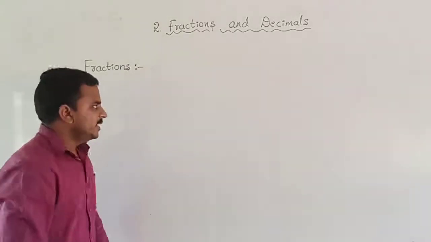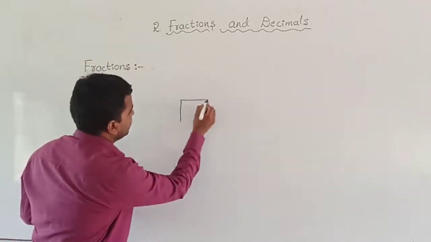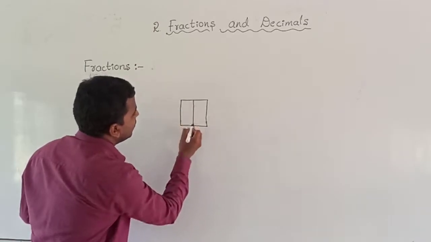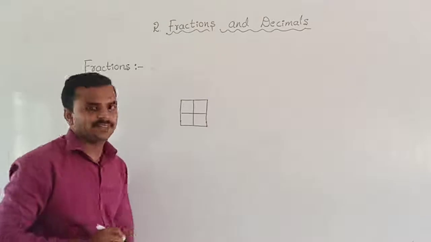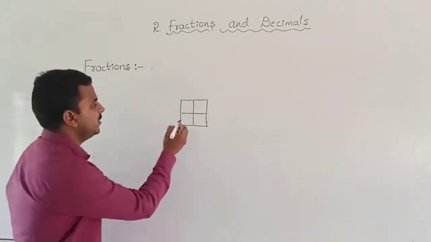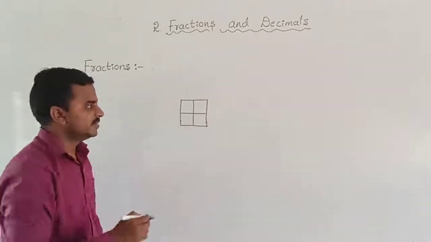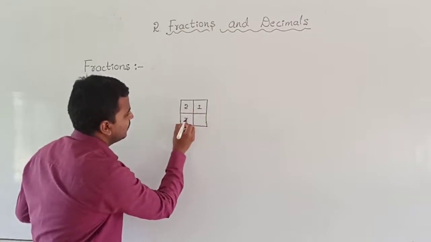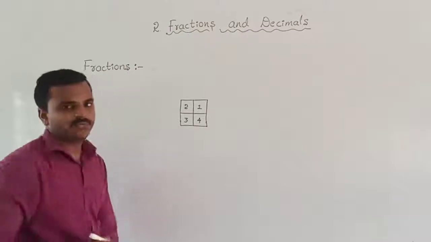Okay, let us see. Take one box. This box is divided into 4 equal parts, and this is part number 1, 2, 3 and 4.